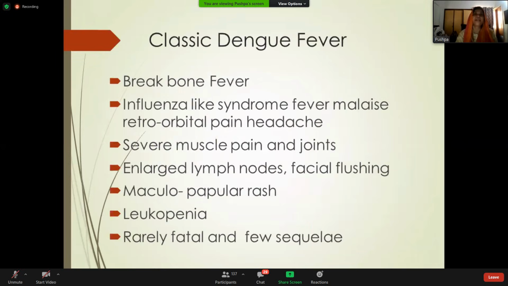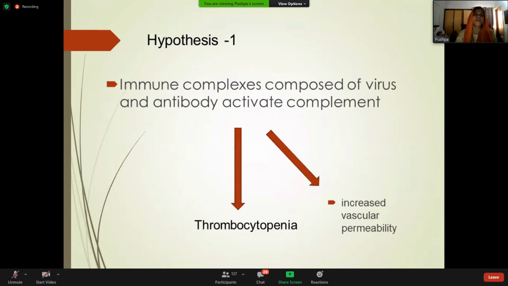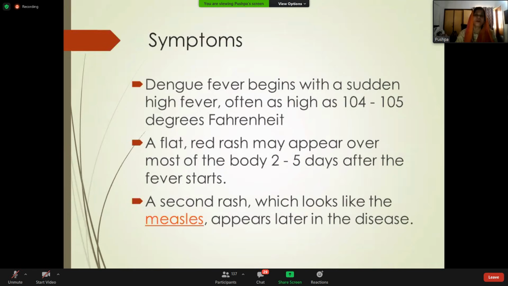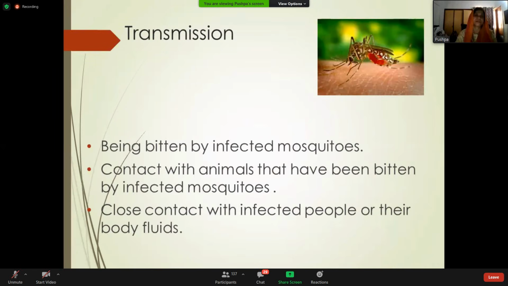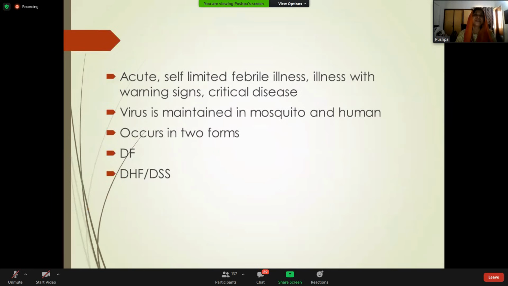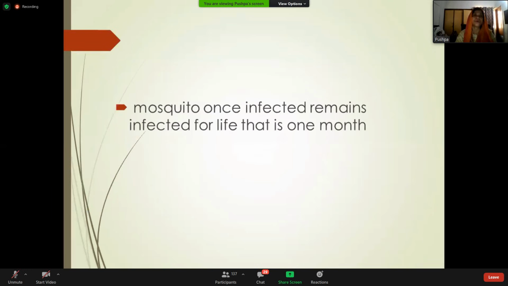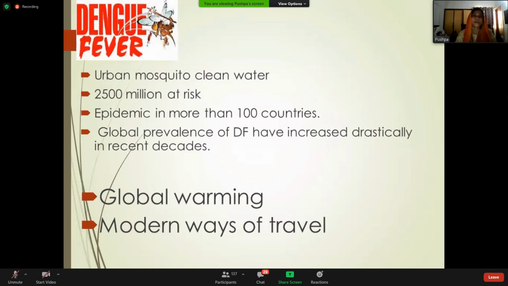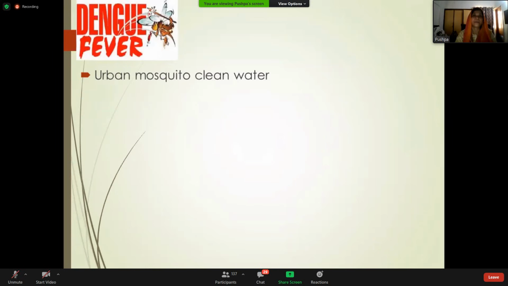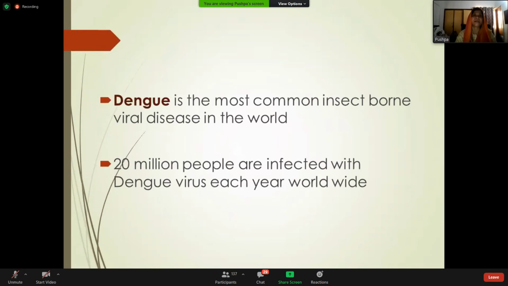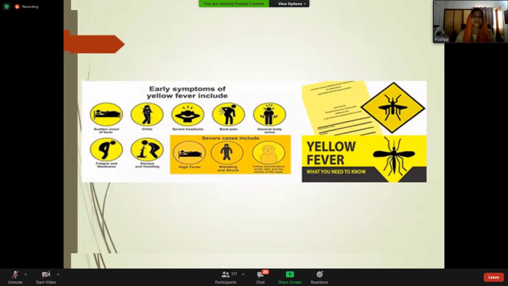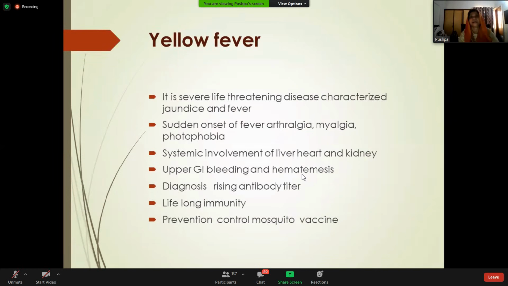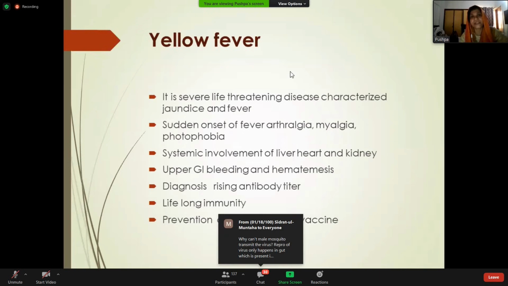We are calling it yellow fever because along with fever, there is jaundice. Because it is transmitted through a mosquito which is carrying the disease, that's why it is grouped under this group of disease.